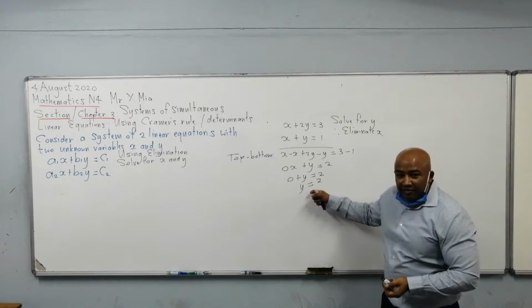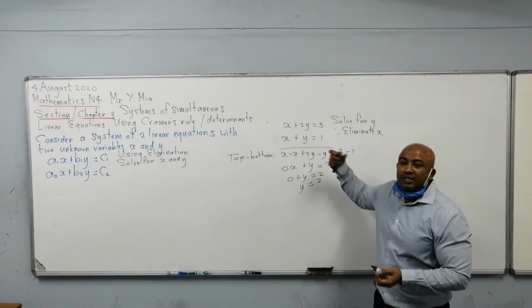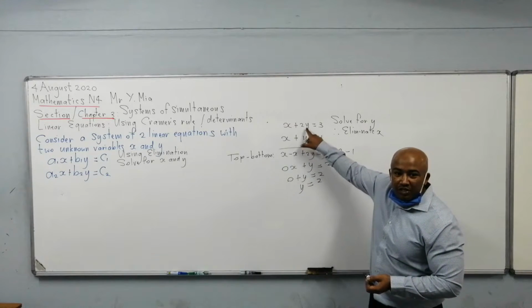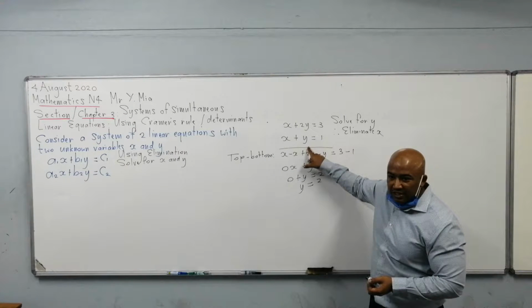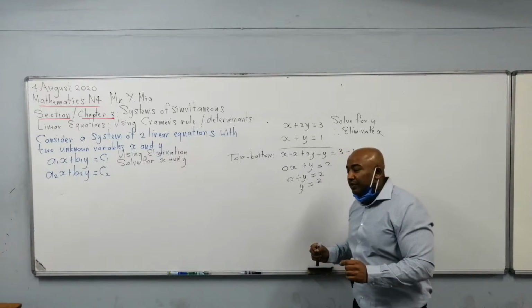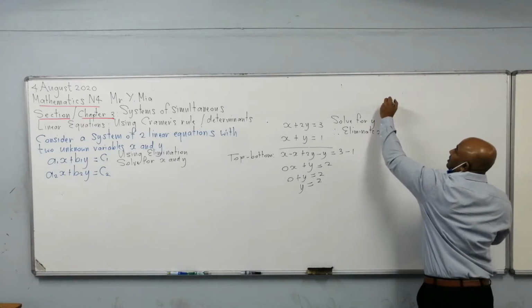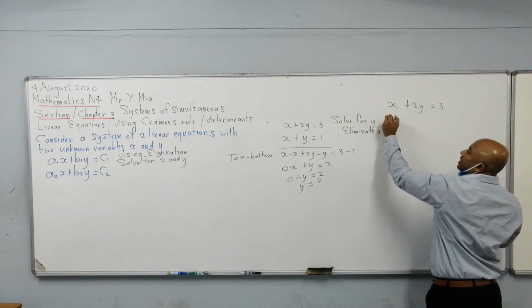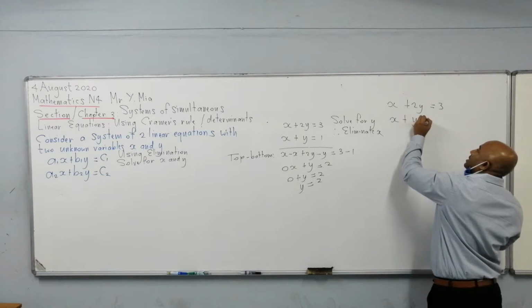Now, once we have y, there's no need to use elimination again. All you can do is take y, substitute into any one of these original equations, and then work out x. But now let's assume, let's go back again. Do the same thing. We got x plus 2y is equal to 3, and x plus y is equal to 1.